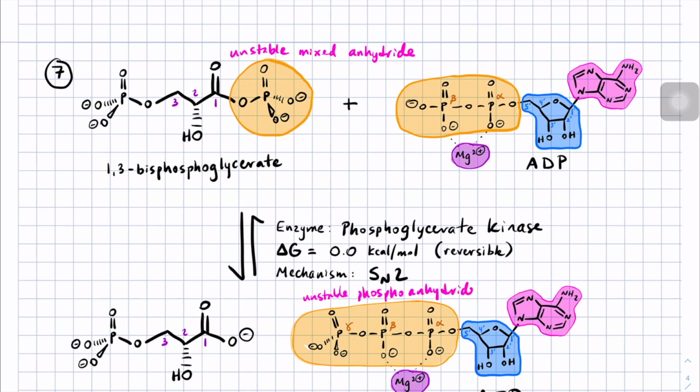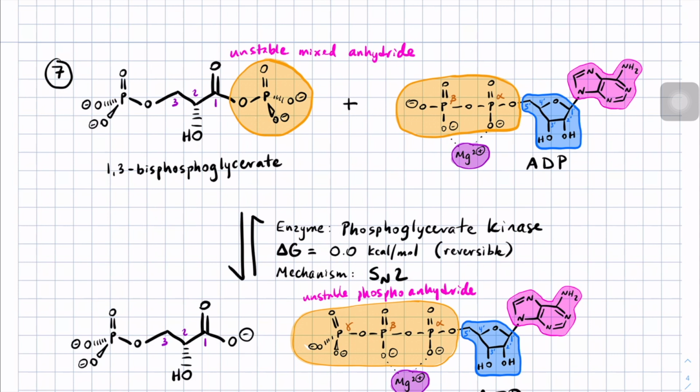So the bonds that we made are just about as stable as the bonds that we broke. Overall, no huge change in free energy while recharging ADP to ATP. This is really miraculous.